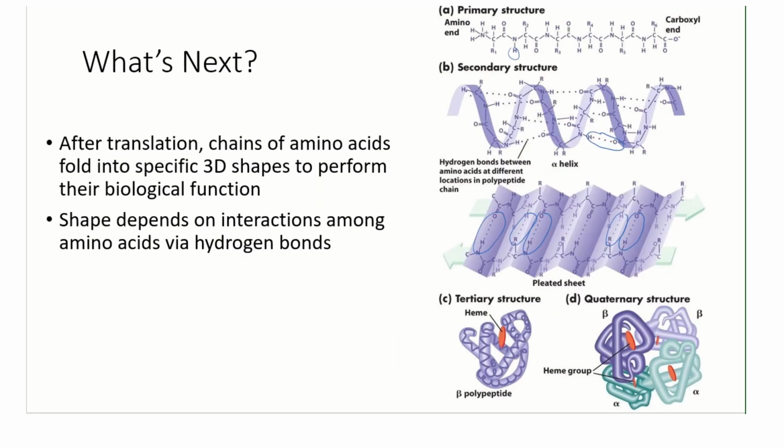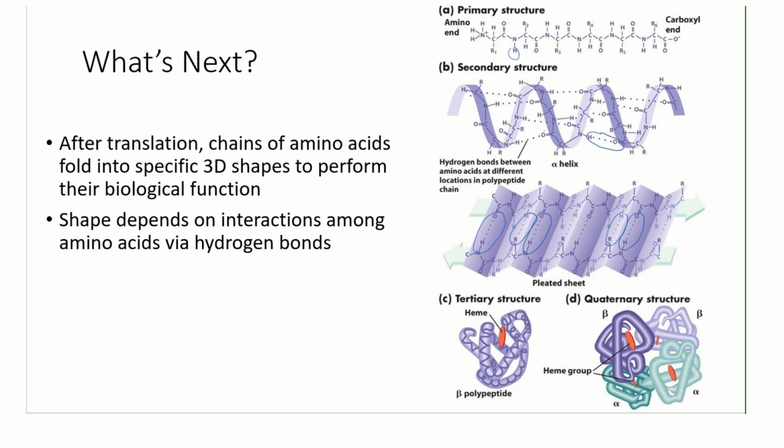Okay, so what happens then when we have all of these polypeptide chains? After translation, the chains of amino acids will fold into very specific 3D shapes to perform their biological functions, and these shapes will depend on the interactions among amino acids via hydrogen bonds.